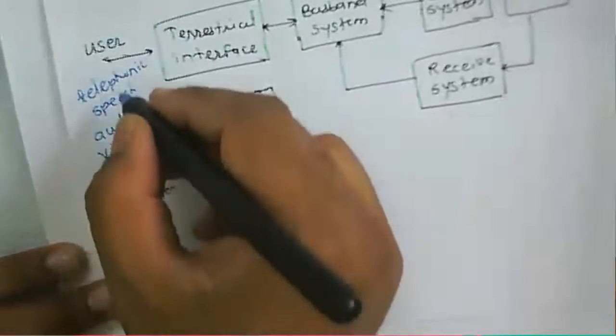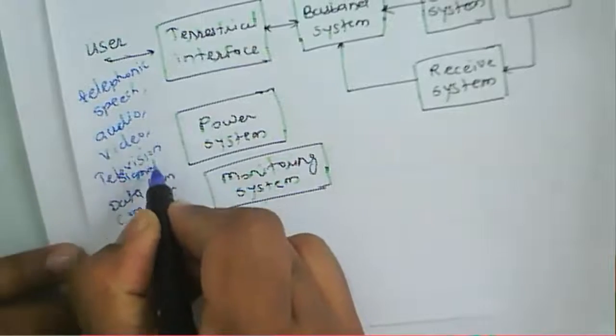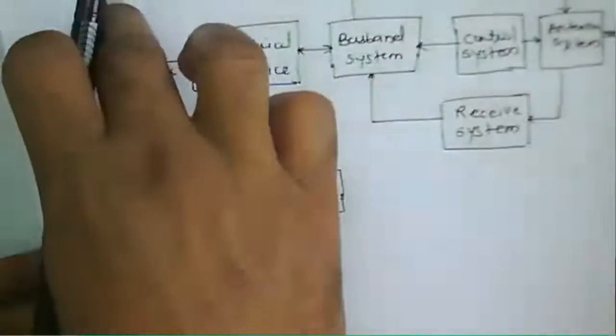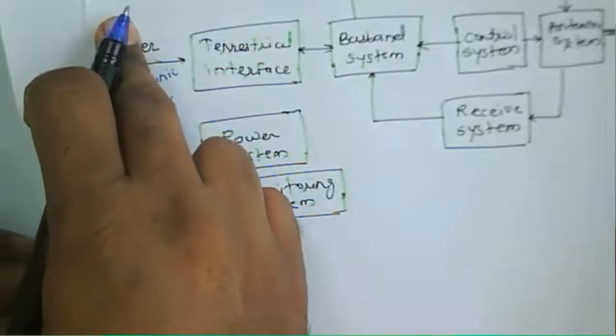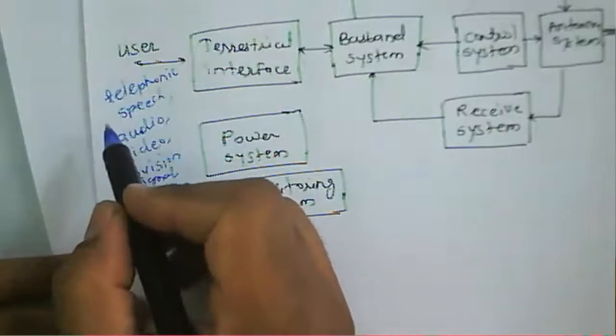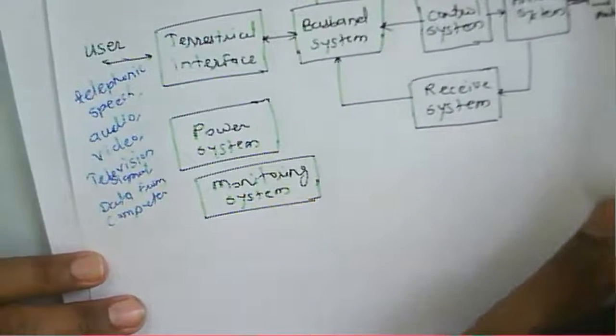Okay. So that is about multiple inputs: telephonic speech, audio, video, television signal, data from various components, and that is nothing but the user interface here. And then that input is given to the earth station.